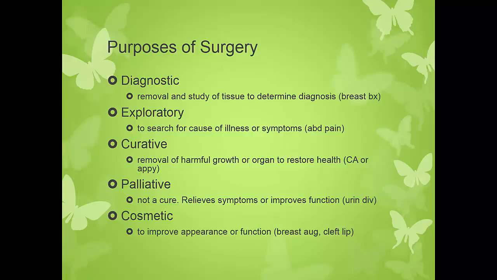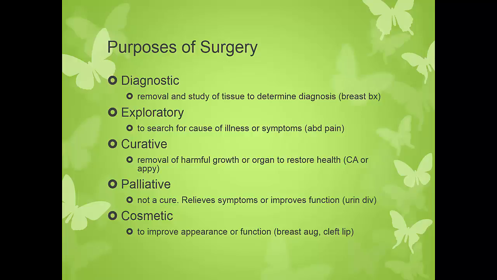Palliation is not about curing somebody, it's about making whatever time they have left on earth as good as it can be. And clearly, if you can remove a source of pain, that is going to improve their quality of life. The example I give you on the slide is a urinary diversion. If someone has bladder cancer and it's muscle invasive and they're not a candidate for an ileal conduit or a continent diversion, if they are still trying to use that bladder that is full of cancer, it is going to be a major source of pain.